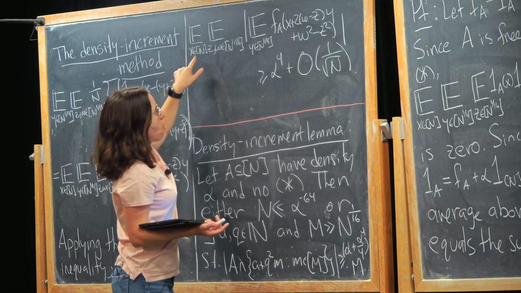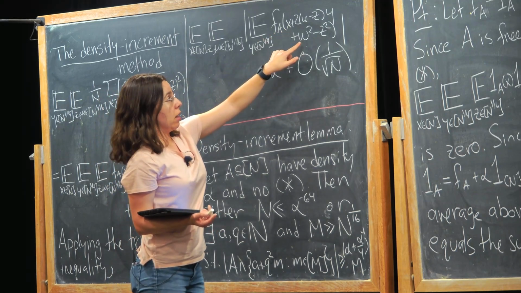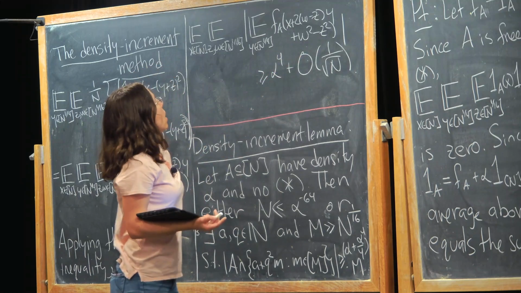We also maybe want to clean this expression up a bit by subtracting the w squared minus z squared.